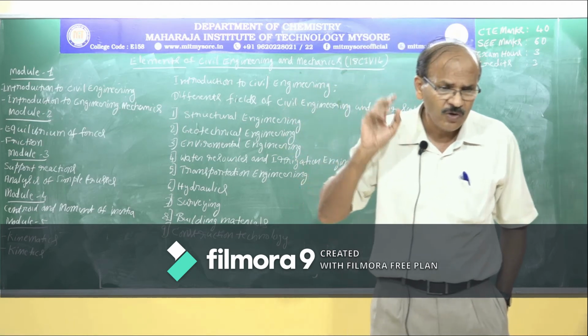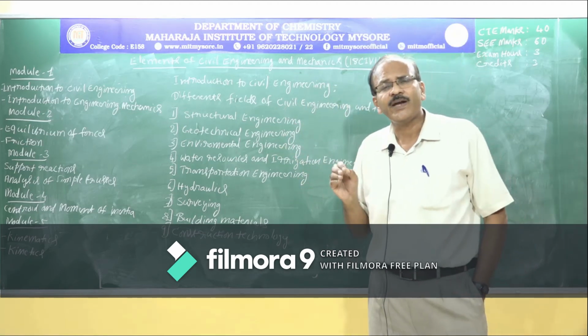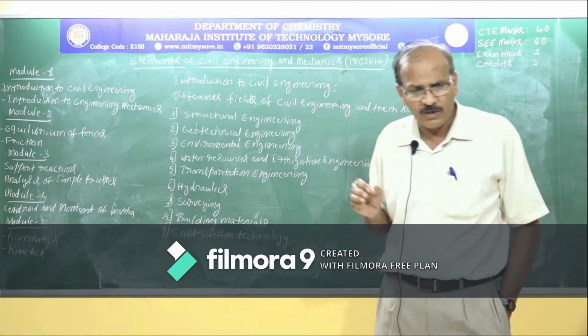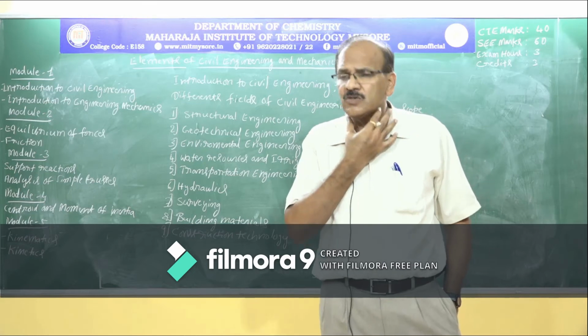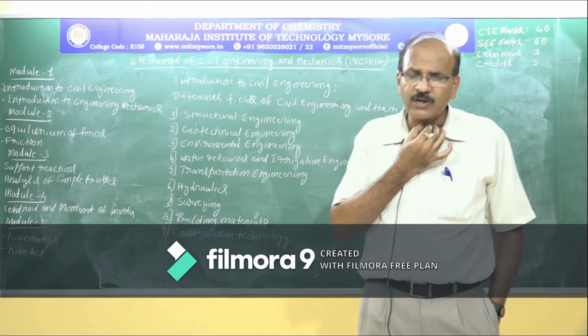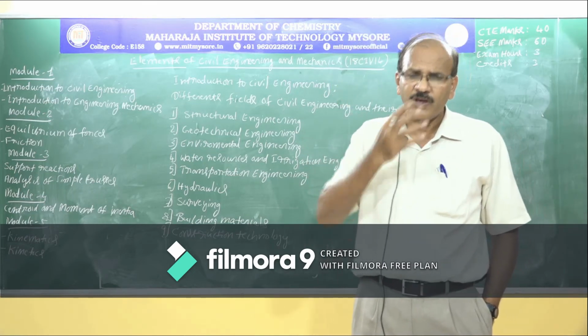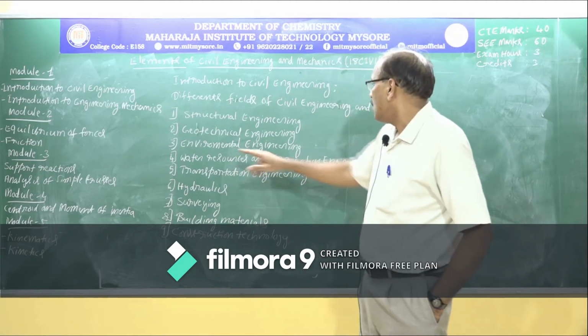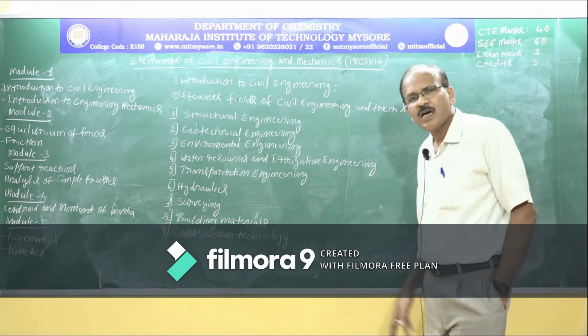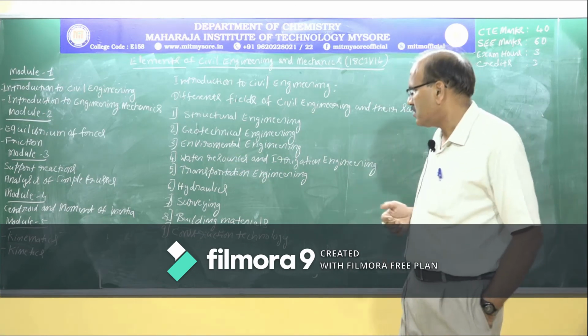We follow the codes provided by the Indian Roads Congress to fix all those things. Also, before constructing any road, we need to conduct a survey. This subject, transportation engineering, covers all those things.